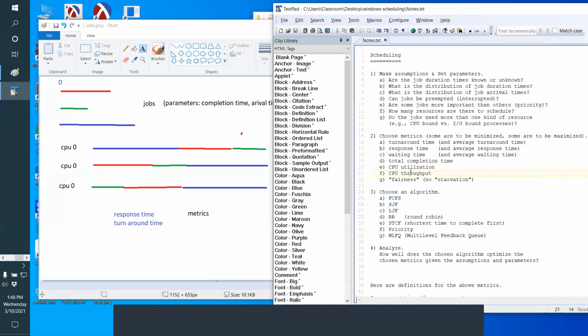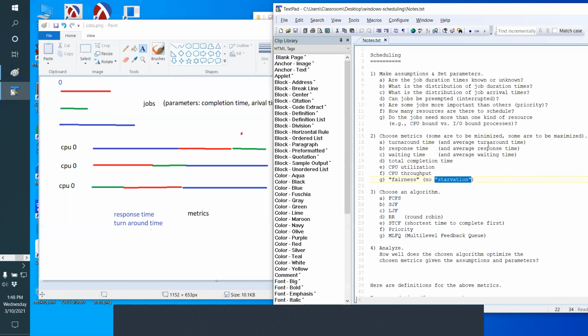Oh, last thing, fairness and starvation. Remember, I told you that when you have priority, you have to worry. If you have two levels of priority, and there's almost always somebody in line with higher priority, the low priority people may never get their chance.